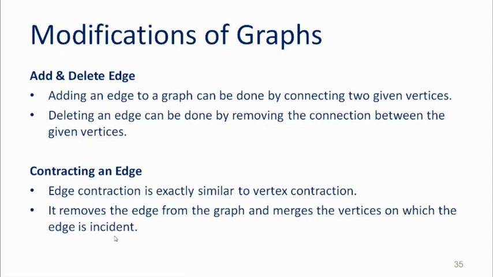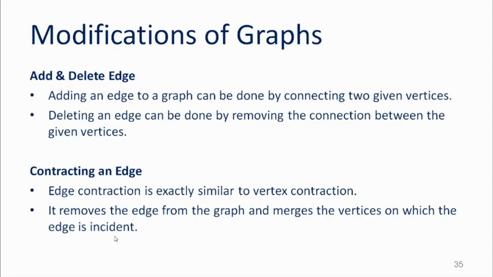Edge contraction is exactly similar to vertex contraction. It removes the edge from the graph and merges the vertices on which the edge is incident. Previously, in the vertex contraction, the incident edges were taken and the incident vertices were combined.